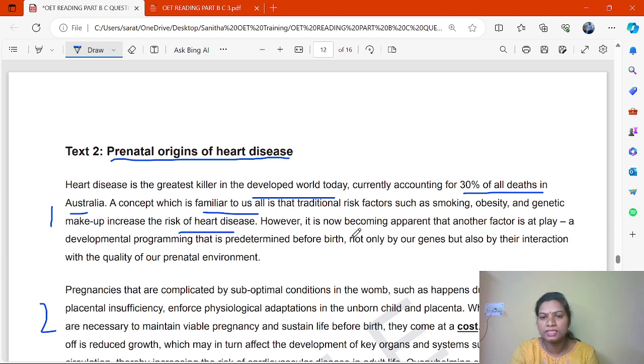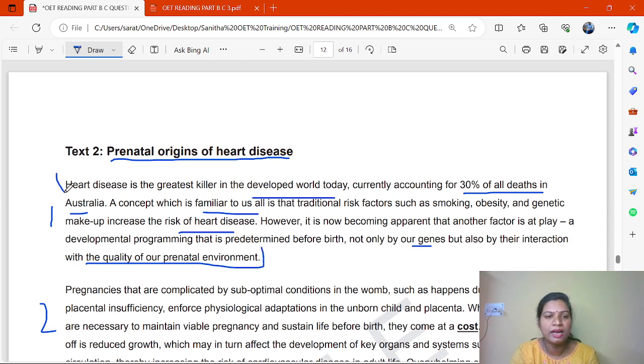However, it is now becoming apparent that another factor is at play, a developmental programming that is predetermined before birth, not only by our genes, but also by their interaction with the quality of our prenatal environment.